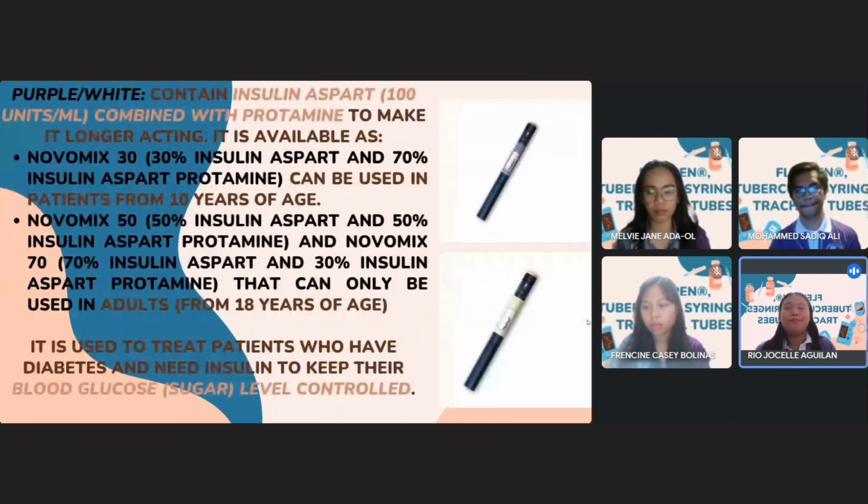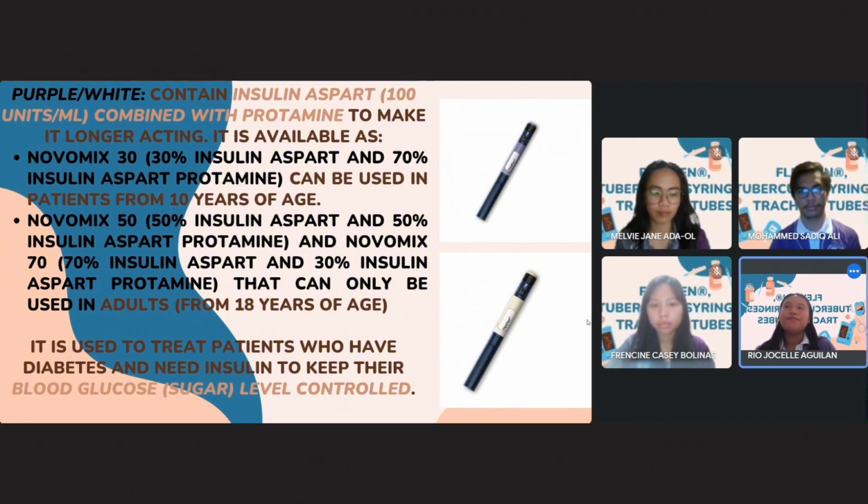The color purple or white contains insulin aspart, 100 units per ml, combined with protamine to make it longer acting. It is available as NovoMix 30, which contains 30% insulin aspart and 70% insulin aspart protamine, which can be used in patients from 10 years of age.